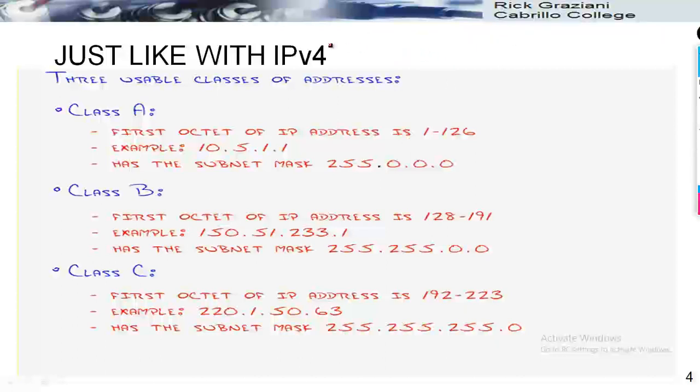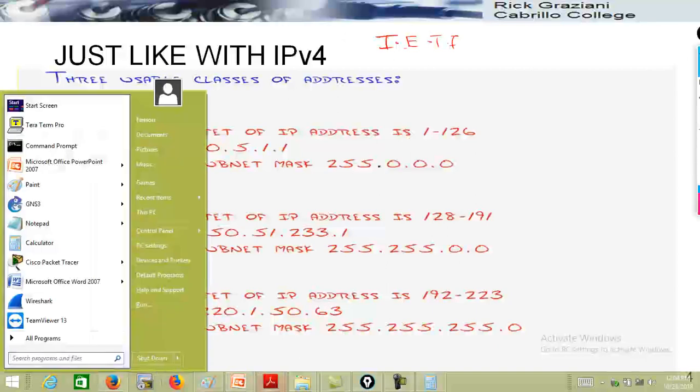So the powers that be, that is the IETF, Internet Engineering Task Force, came up with rules to manage these IP addresses. First of all, they are limited. We have seen that an IP address is a 4-group number, but in reality it is 4 octets.